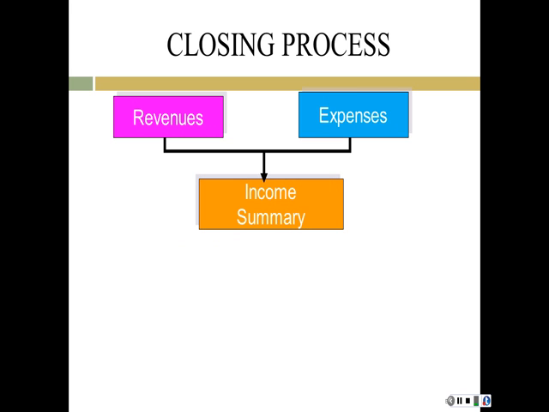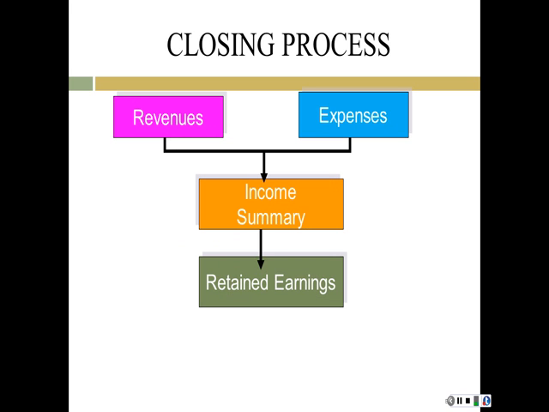Once we have transferred the balances of revenues and expenses to income summary, the balance in income summary represents net income. So we are going to close out the income summary account to retained earnings, which essentially means that we are transferring net income to retained earnings. We saw that happen in the statement of retained earnings, but that was not formally journalized. This is where we record it in a journal entry.